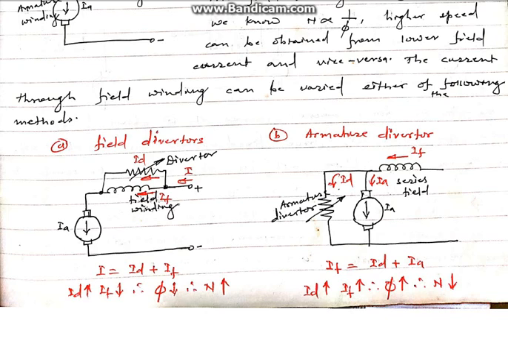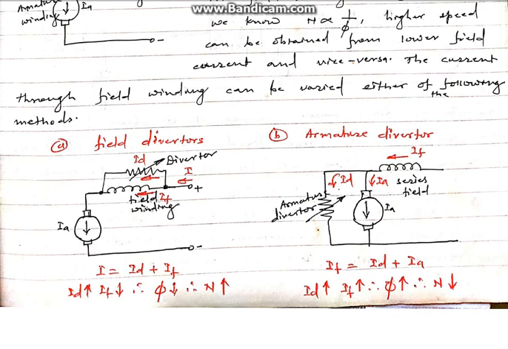When the resistance connected across the field winding is changed, the current flowing through the diverter changes, and as the total current entering the DC series motor is fixed, the field current changes. So as IF changes, the flux produced by the field winding changes, and correspondingly speed changes.